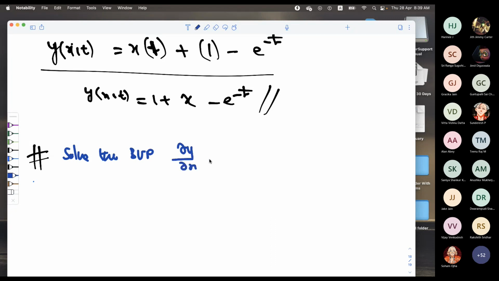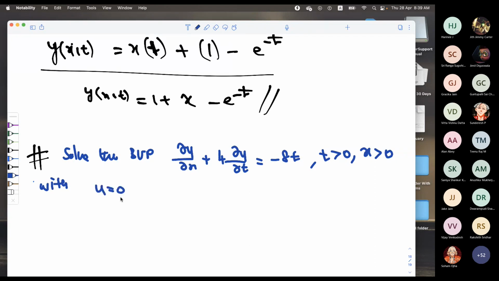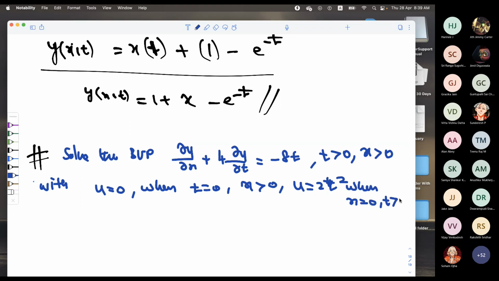Dou u by dou x plus 4 into dou u by dou t equals minus 8 times t, where t is positive and x is also positive, with u equals 0 when time t equals 0, x positive, and u equals 2t square when x equals 0, t positive.